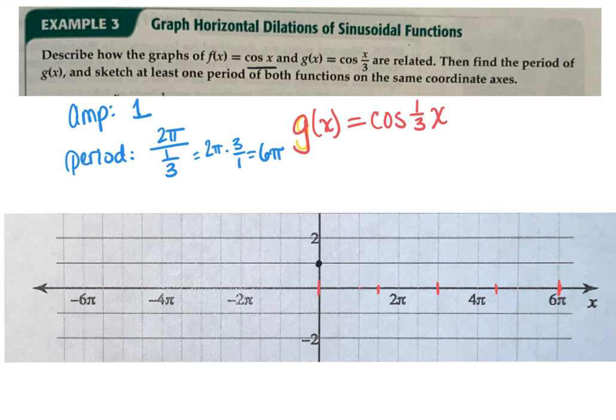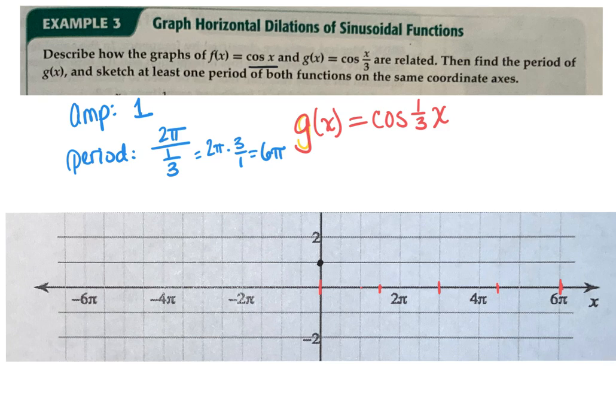Then I'm going to do exactly what I would do for any cosine function. I start at my highest point because my amplitude is 1. So I'm going to start at my amplitude, at 1. A fourth of the way through, I'm going to be at 0. So that's that marker. Halfway through, I'm going to be at my lowest, which is -1 because of my amplitude.